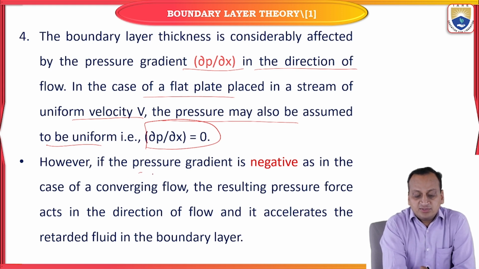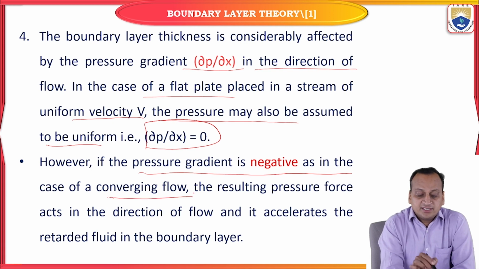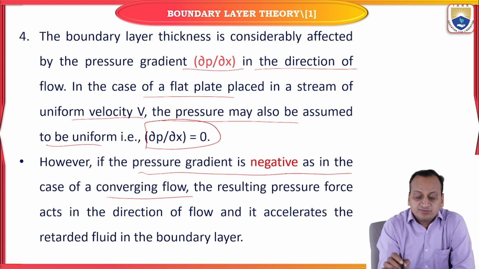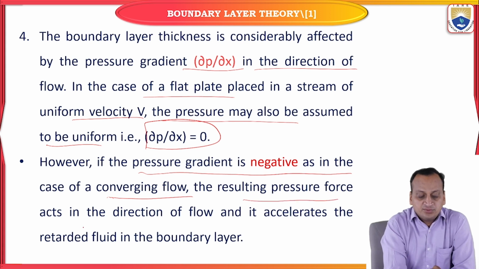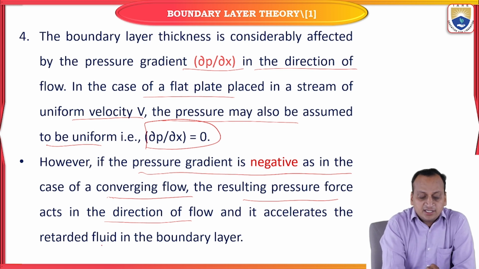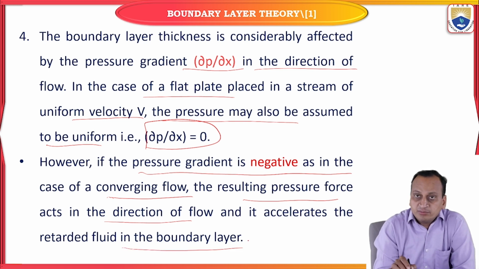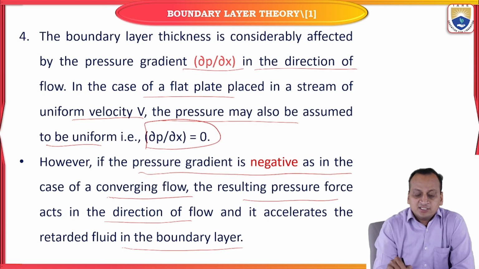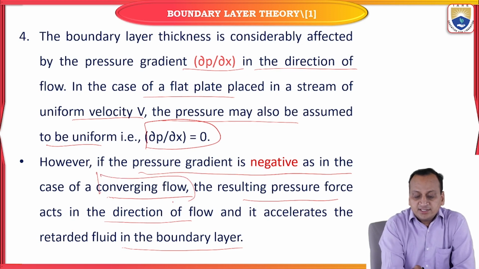If the pressure gradient is negative, we have to assume that it is a converging flow. In converging flow, the pressure gradient will be negative. The resulting pressure force acts in the direction of flow, and it accelerates the retarded boundary layer. Therefore, the boundary layer thickness will decrease in a convergent flow, that is, with a negative pressure gradient.